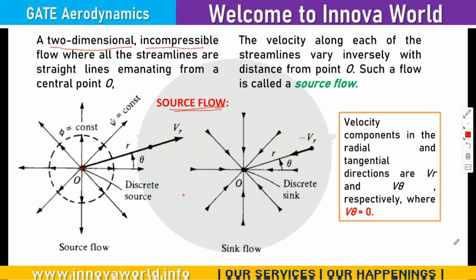Now the source flow, as I said, is any flow that comes out from one point and moves radially in all directions at a uniform rate. That is also an important term.